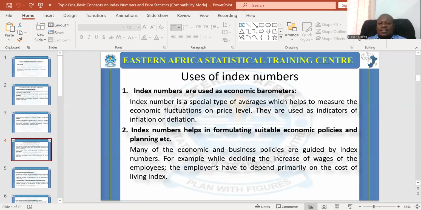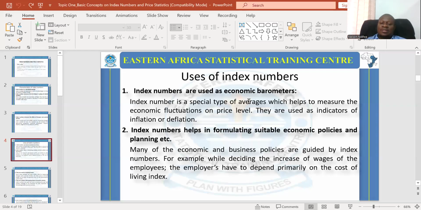Second, we can use index numbers in formulating suitable economic policies and planning, especially if you measure inflation using the index numbers. This inflation can also inform decisions on the wages of employees, because wages are affected by inflation.